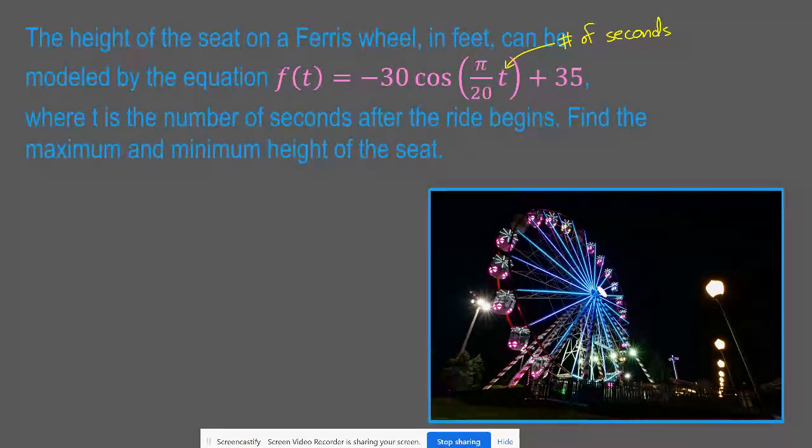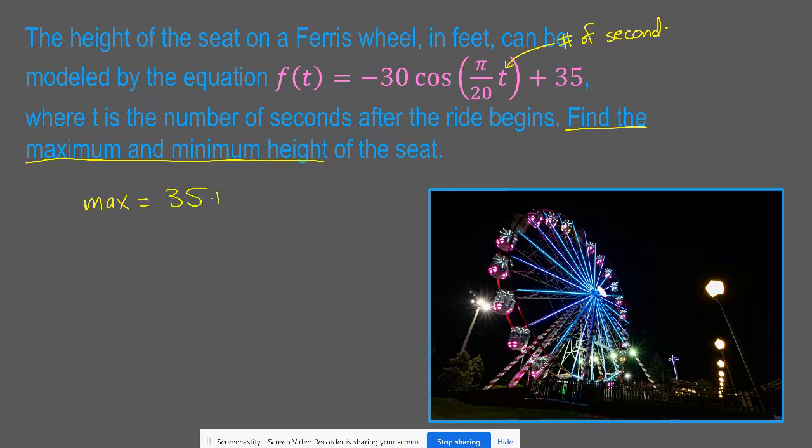So if you wanted to, you could use this function to figure out how high in the air you will be at any point along that ride. So the first thing it asks us to do here is find the maximum and minimum height of that seat you are sitting on. So our maximum, we're going to start with our vertical shift number, which is 35. That's what's being added onto the end.